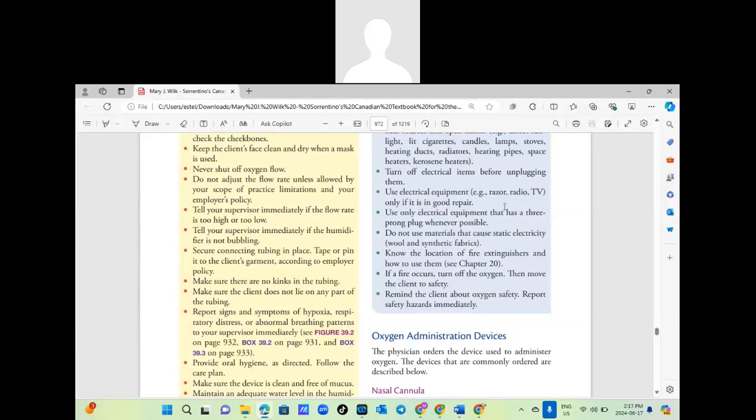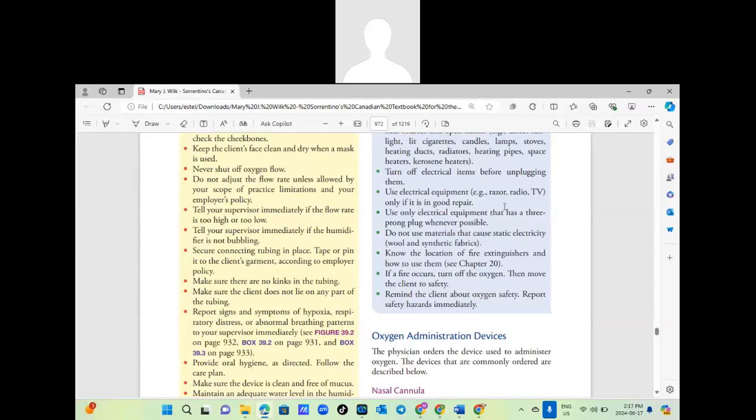Use only electrical equipment that has a 3-prong plug whenever possible. Do not use materials that cause static electricity, such as wool or synthetic fabrics. Know the location of fire extinguishers and how to use them. If a fire occurs, turn off the oxygen.